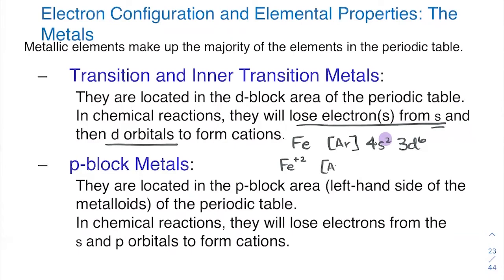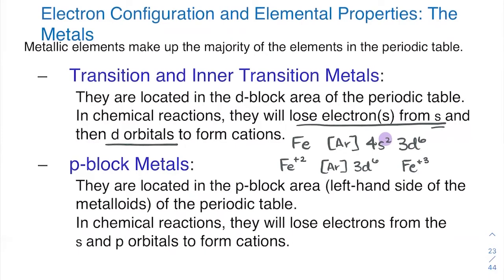So iron +2 has an electron configuration of argon 3d6. Now, another charge that iron can form is Fe+3. This is one of the issues with the transition metals. They can form numerous different charges. That's what I mean by unpredictable.